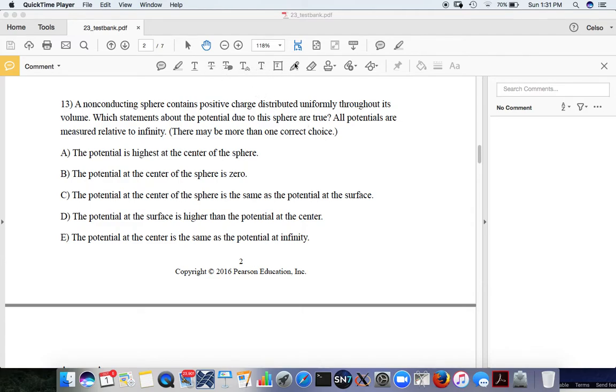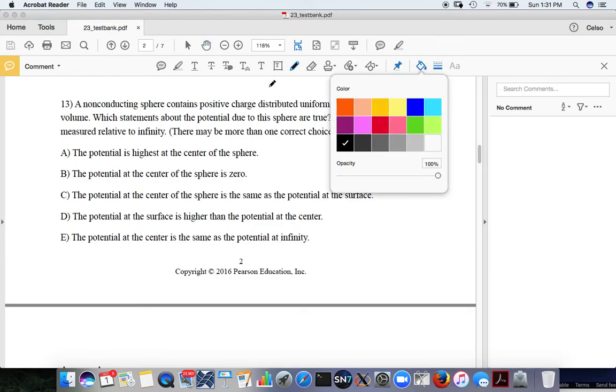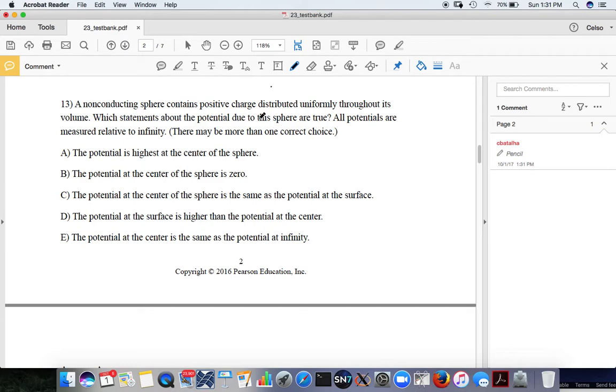Yeah. So, a non-conductive sphere contains positive charge distributed uniformly through all its volume. So this is the case of an insulating sphere with positive charge inside as well as on its surface.